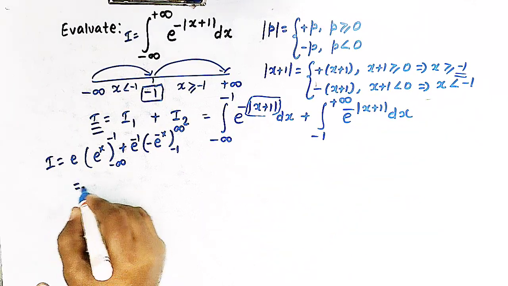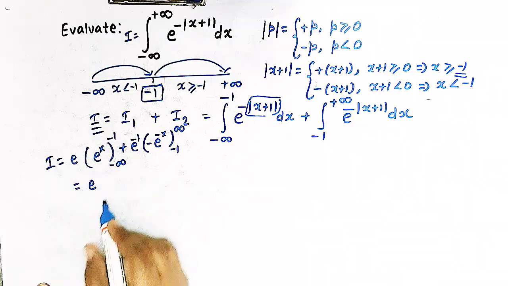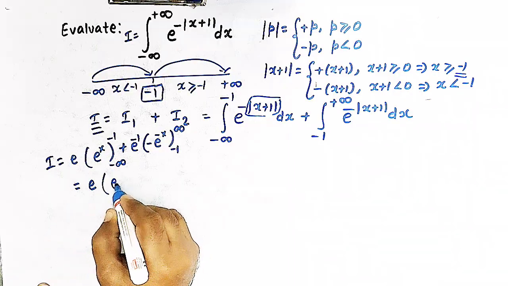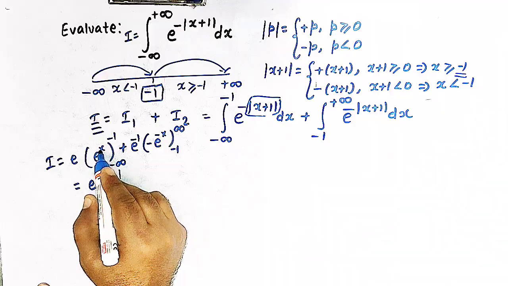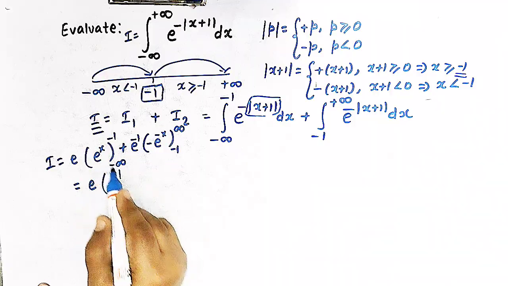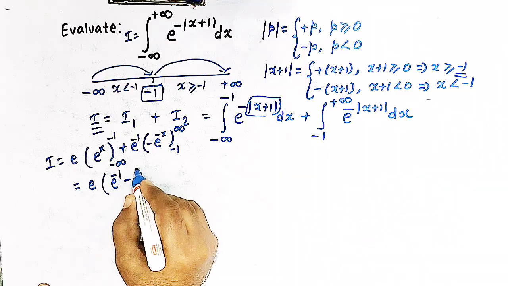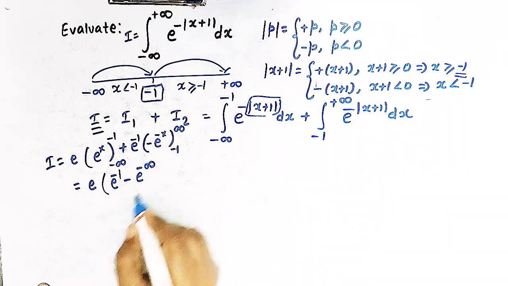So now here we have e, and now we can substitute the limits. So here we have e raised to minus 1 when x is equal to minus 1, and when x tends to negative infinity, we have here e raised to minus infinity.